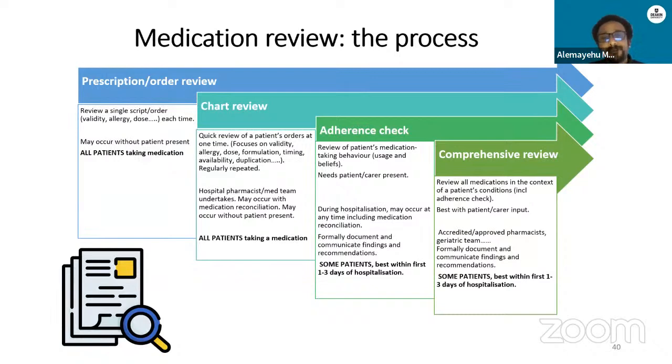Medication reconciliation by far is easier because it's all about identifying the gaps in the information, or whether there is continuity or discontinuity. It's about system. So medication reconciliation by far is the easiest to implement as compared to medication review. That's what I did while I was in Ethiopia.